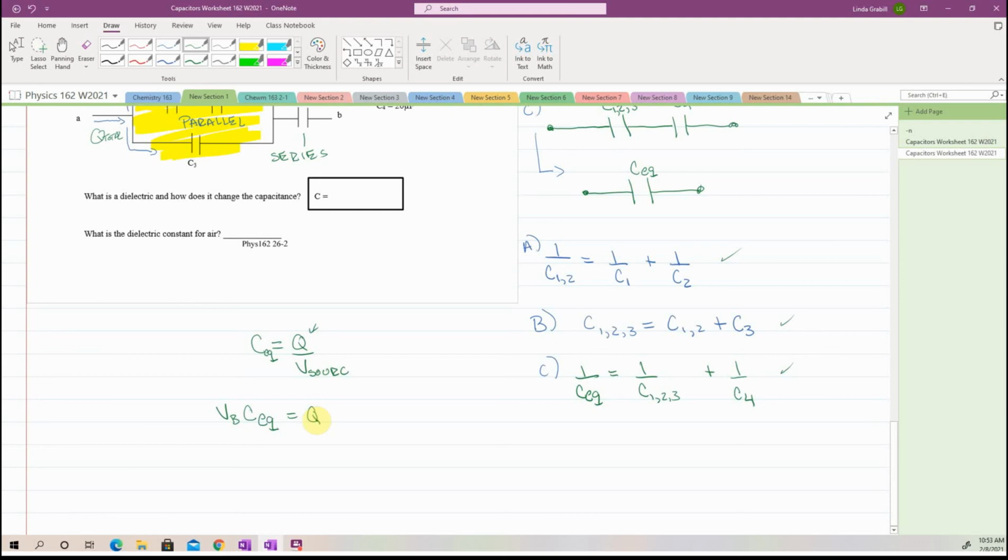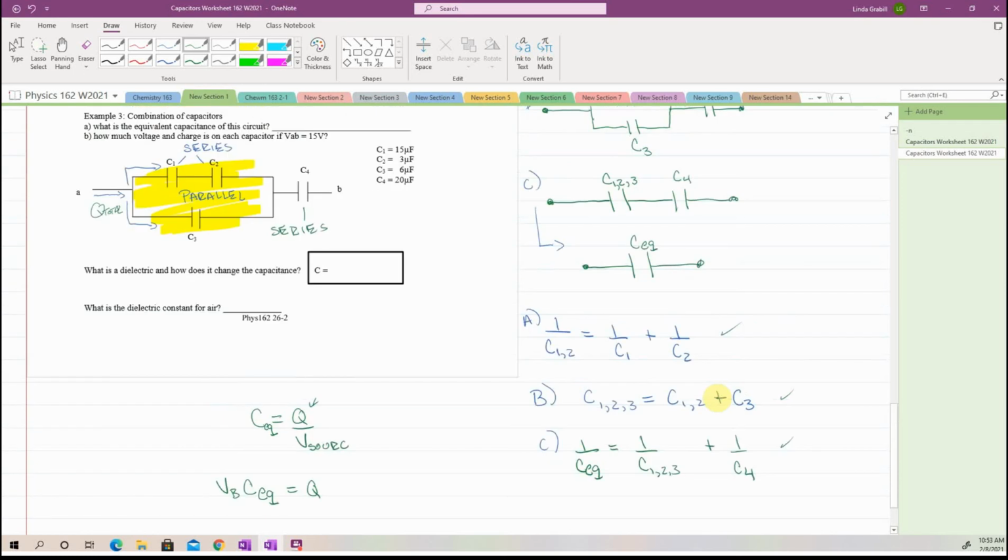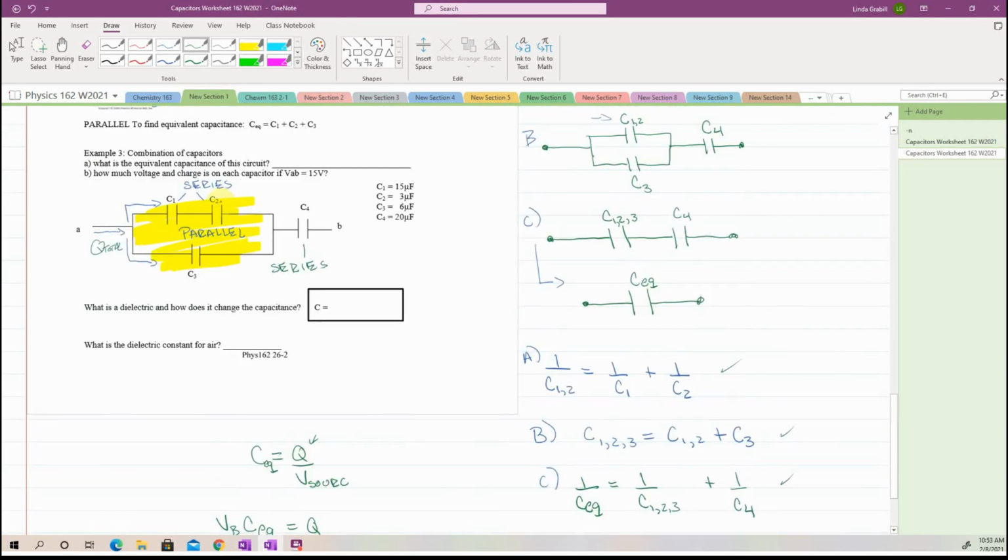Now, if we have been careful coming through here, we can remind ourselves that for C1 and C2, Q is the same. For C12 and C3, the potential is the same. So potential between here and here, my potential is the same.